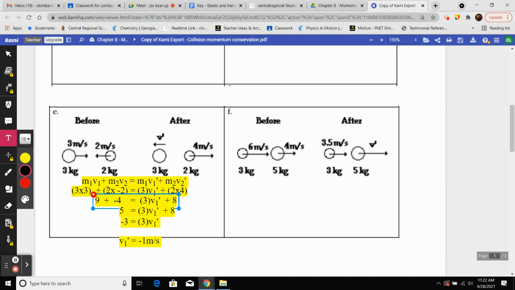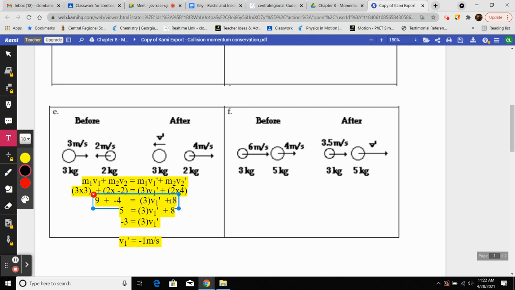The way to think about this, guys, is remember that the total momentum before collision has to equal the total momentum afterwards. Conservation of momentum. So I had 9 plus a negative 4, so I had 5 over here, which means I had to have 5 on this other side.